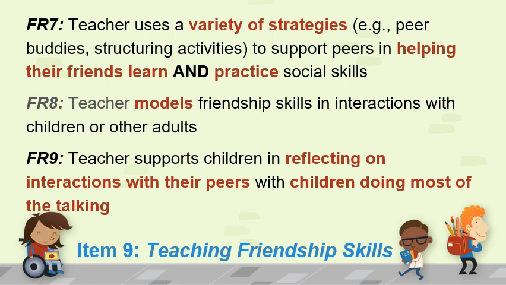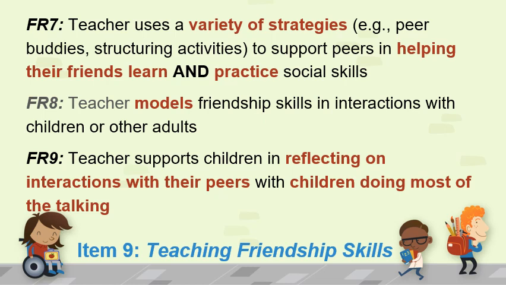Again, a variety means at least 2 strategies. You would structure play routine to make sure that each child has a role and can engage, take turns, and exchange materials.